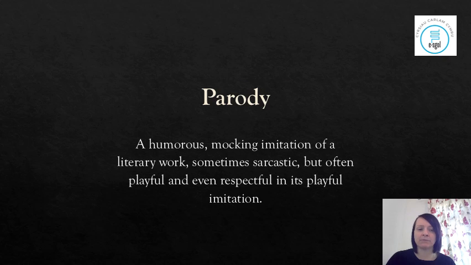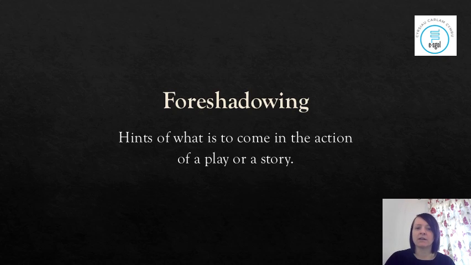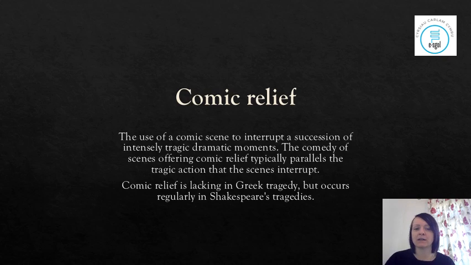A parody is the mocking imitation of a literary work, or sometimes a parody within a play, sometimes quite sarcastic. Imitation. Foreshadowing: some quite important terms here, where you get a hint of what is to come in the action of a play or a story. So be mindful of those and keep an eye out.